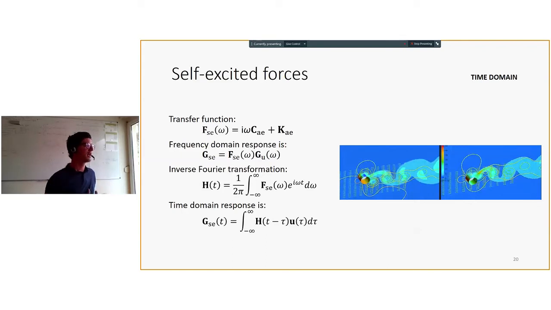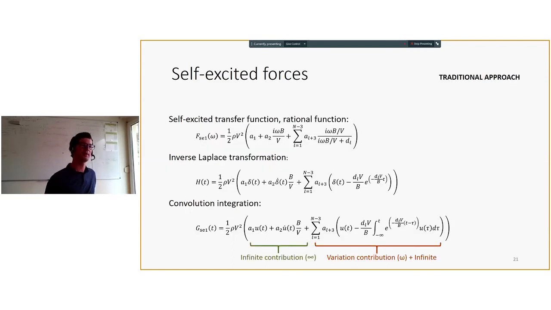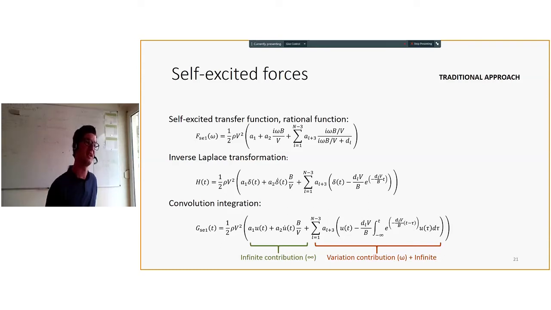We can make here an example of what I call the traditional approach of rational functions. You can find those in different papers, where we have a transfer function for which we can analytically find the inverse transformation, and then we can convolve over that inverse transformation, and we get an expression.